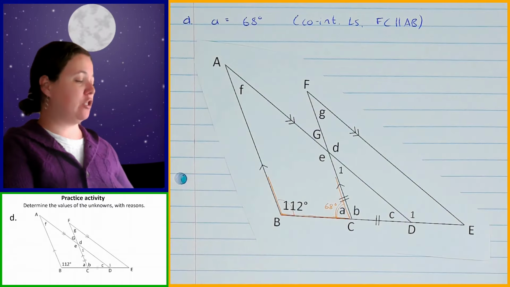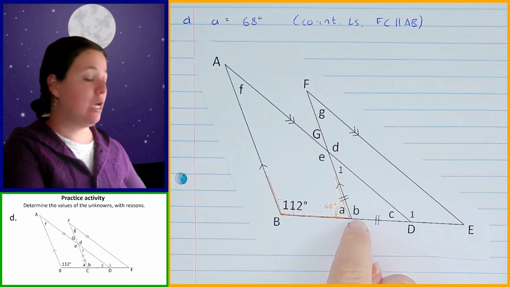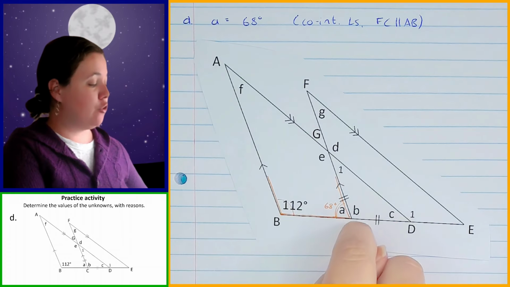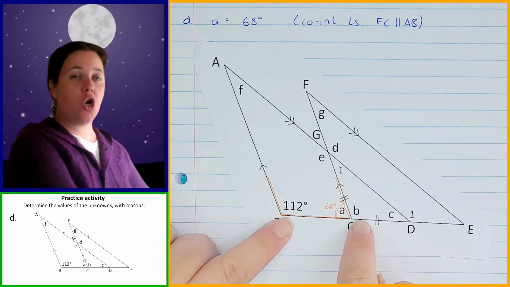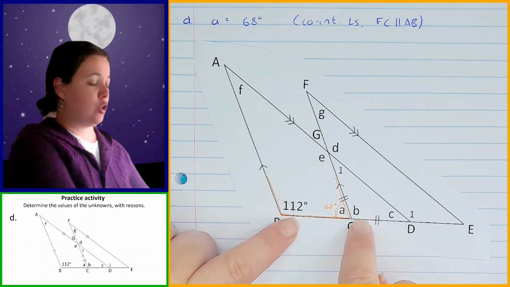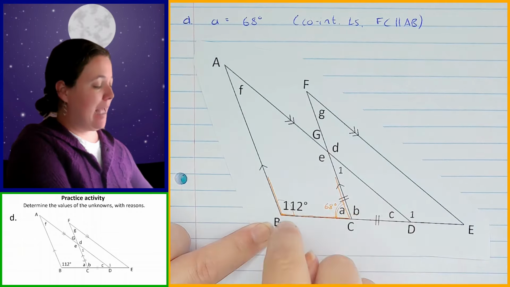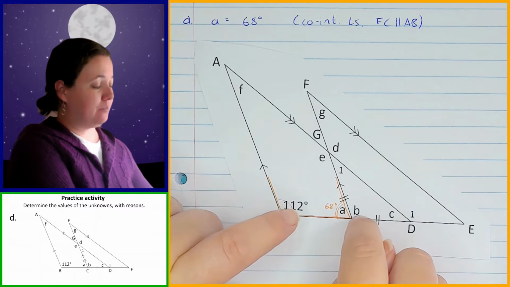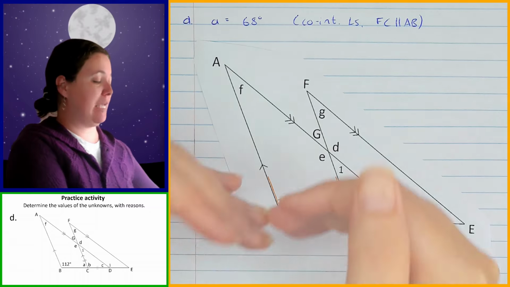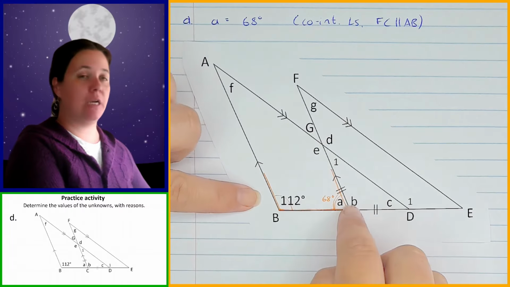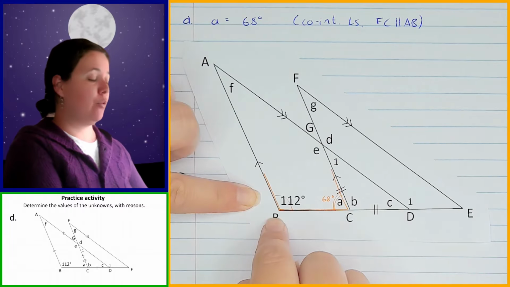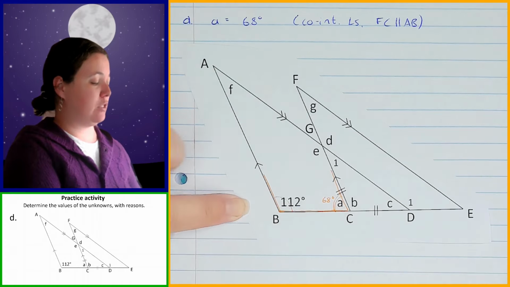Right, the next thing we're going to do is work out B. Now you've got two options for working out B. You can either use angles on a straight line, or you can use corresponding angles with this 112, because these lines are parallel, and B and 112 are both sitting on the same side of the transversal, and they're both on the right hand side of the parallel line. So they're in the same position as each other with respect to the parallel lines and the transversal.